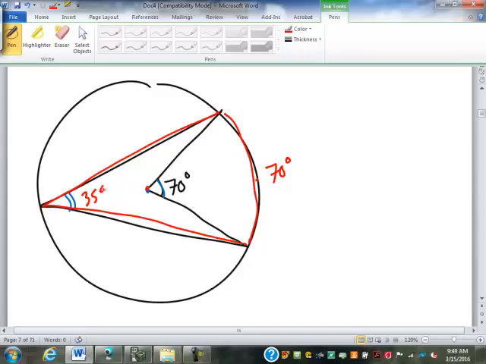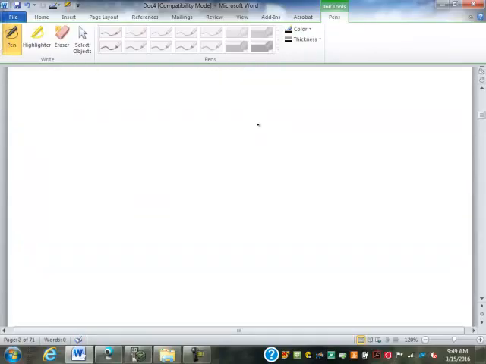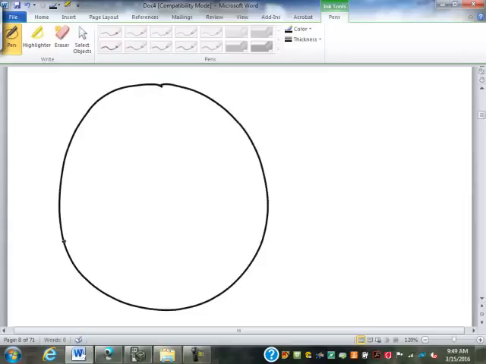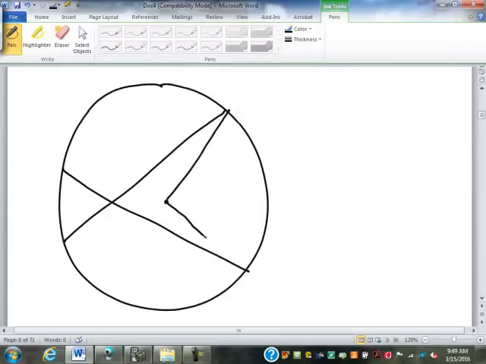It's 35 degrees. That is the center, yes.